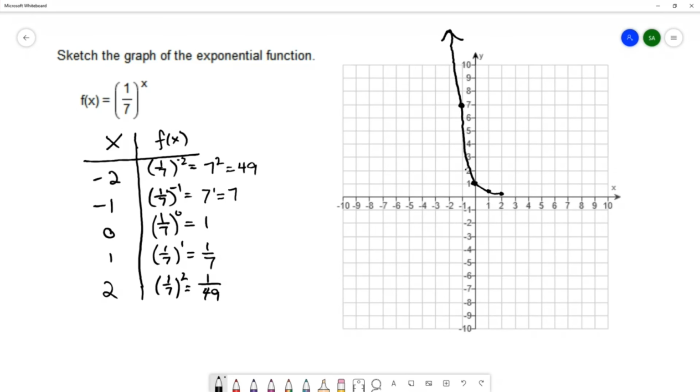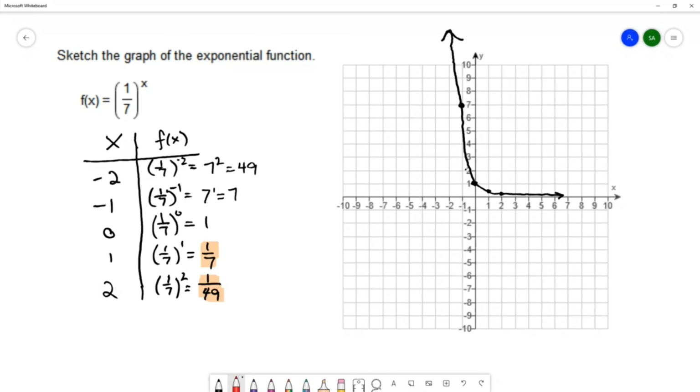On this other side, where x is getting larger and larger, you can see our y values are getting smaller and smaller, getting closer to 0. And so this is going to get closer and closer to our x-axis, closer to a y value of 0.